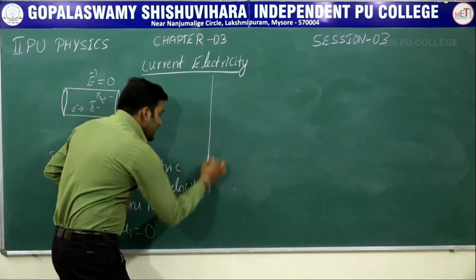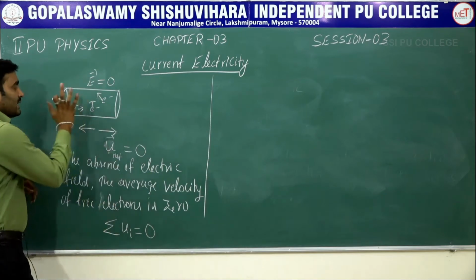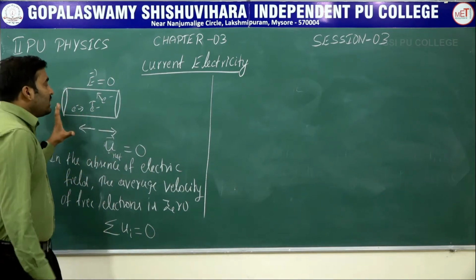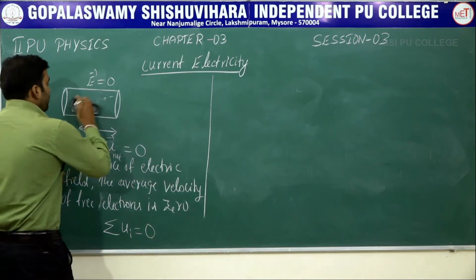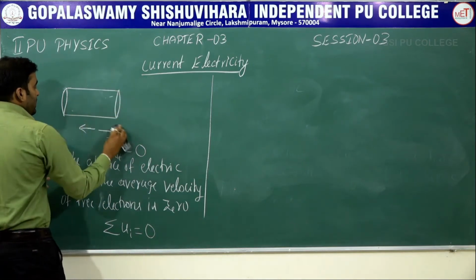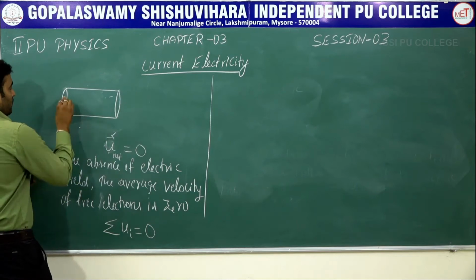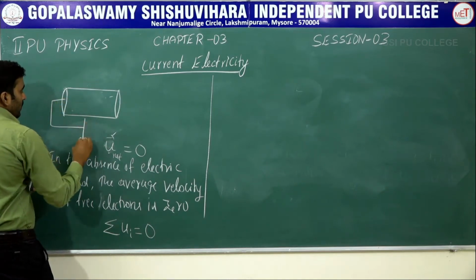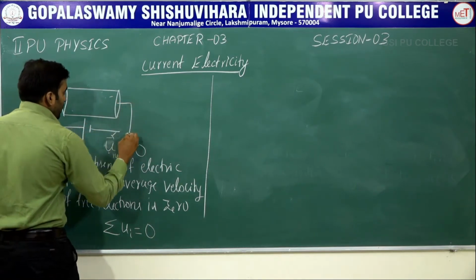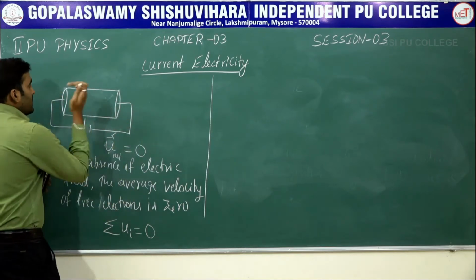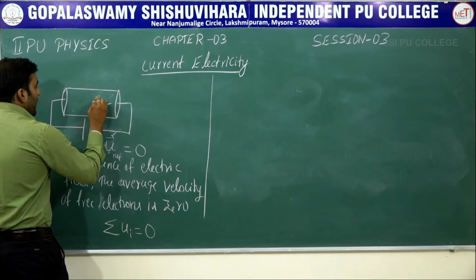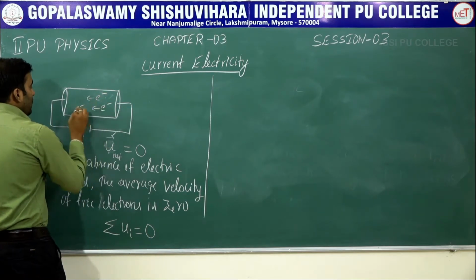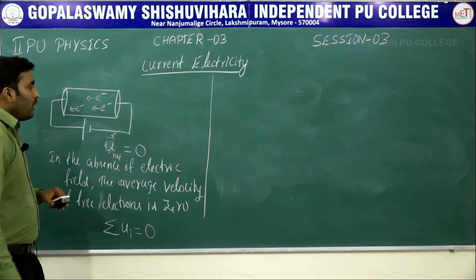Now consider that this conductor is connected to an external source. Let us connect a battery now. Now the electrons have a preferred direction to move.